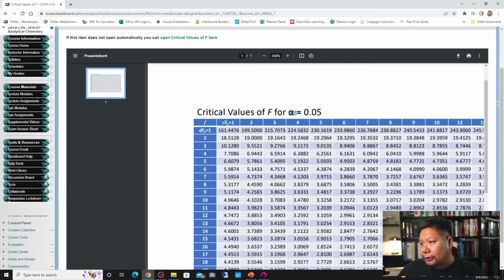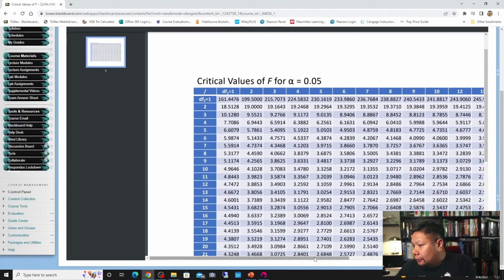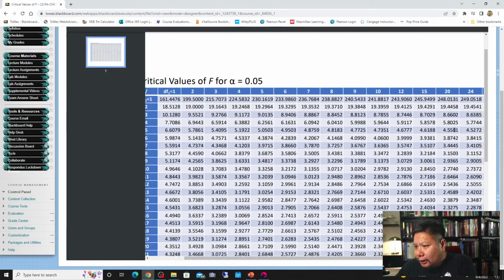And so here's the degrees of freedom for the very first data set, and here's the degrees of freedom for the second data set, right? So degrees of freedom here would be 24, since you had 25 data points for each one of the measurements. And so let's see if we can find 24 here. I need to scroll a little bit so I can see the whole table. There's 24 right there.